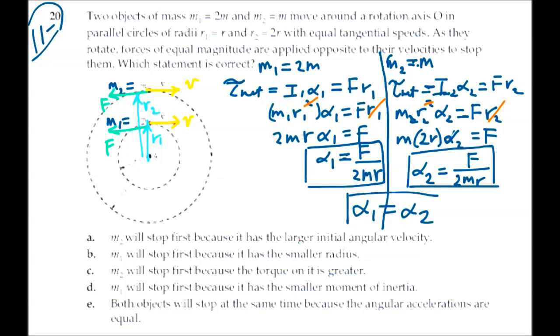Good to know. But we're not done yet, because our initial angular velocities are not the same. Our initial angular velocity for mass 1, omega 1 naught, is equal to our velocity v divided by r1, which would be equal to v divided by r. And our initial angular velocity, omega 2 naught, will be the same linear velocity v divided by r2.